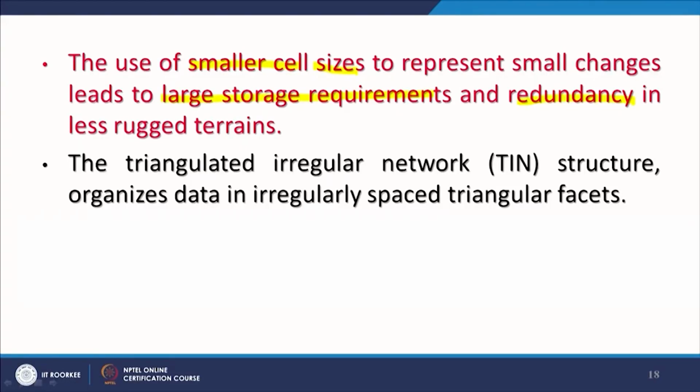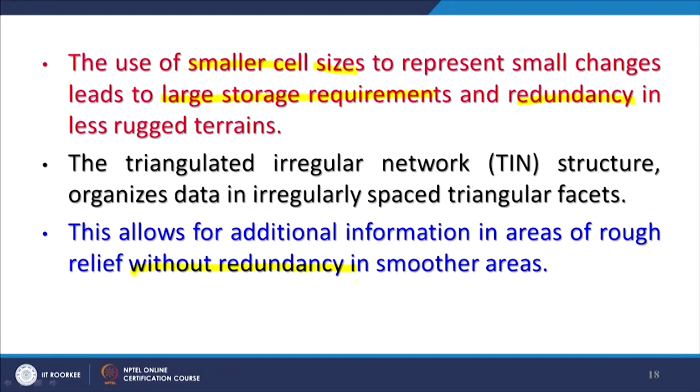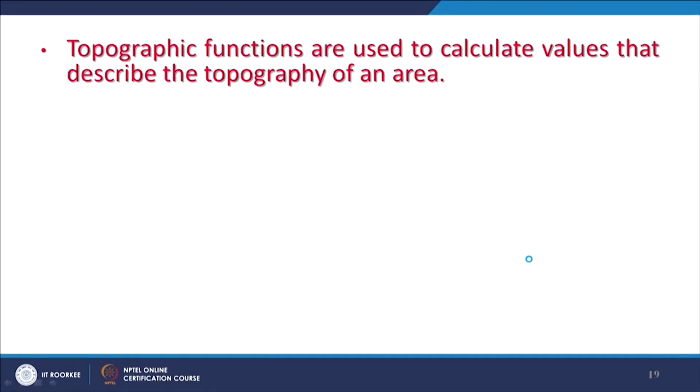As I have already mentioned, a triangulated irregular network organizes data in irregularly spaced triangle facets, which allows additional information in areas of roughness without redundancy in smoother areas. In smoother areas we will have larger triangles; in highly rugged terrain we will have smaller triangles.